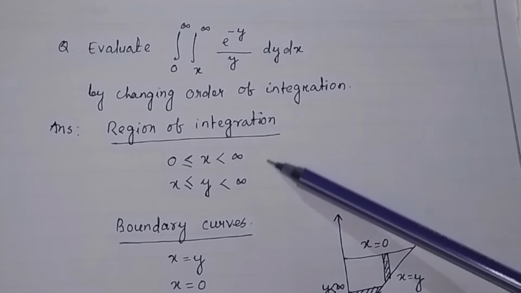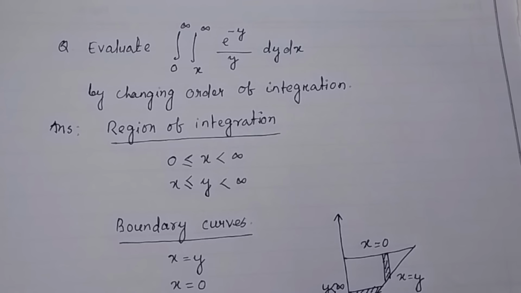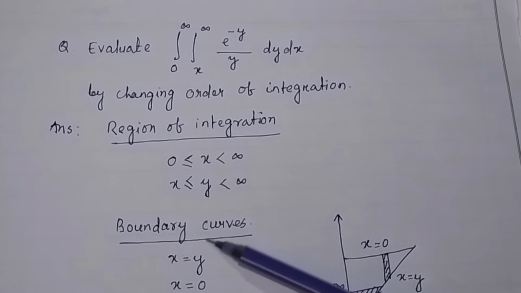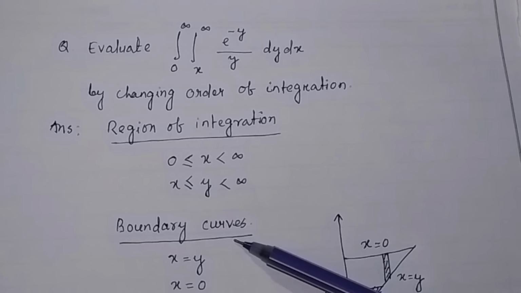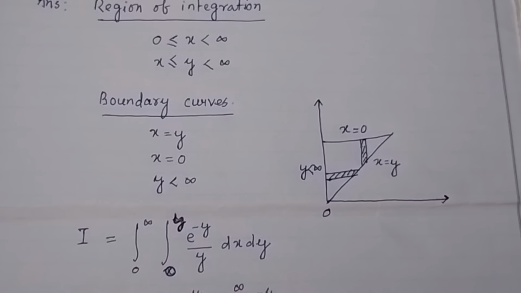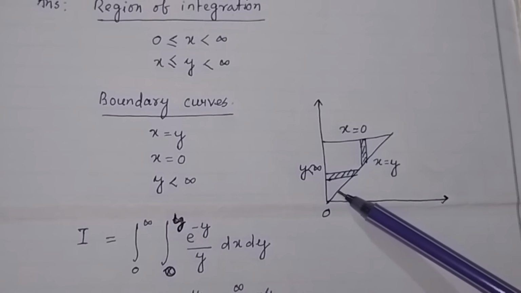So after identifying the original limits of the integration, you have to find the boundary curves, that is, to sketch the region of integration by means of a graph like this.